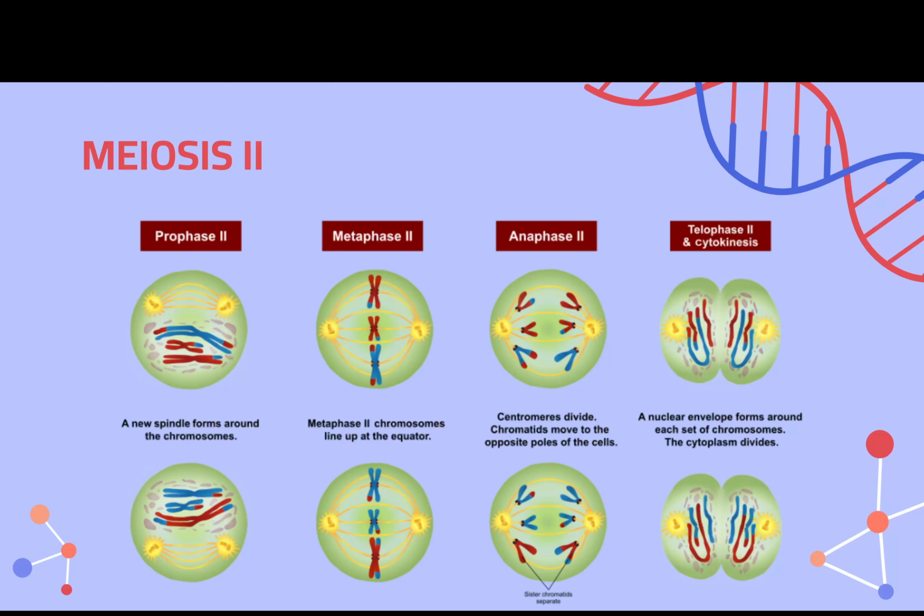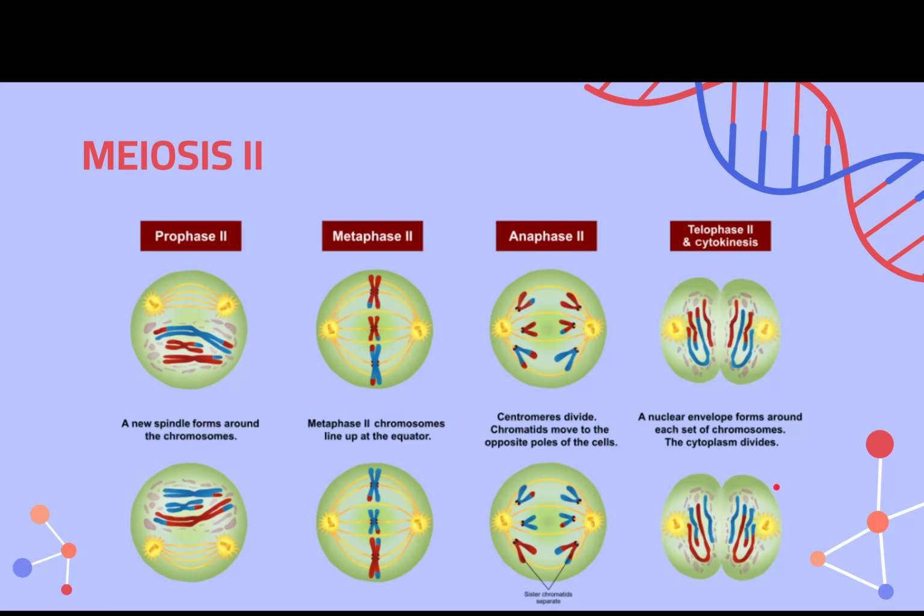And then in telophase 2 and cytokinesis, the nuclear envelope forms around each set of chromosomes, and the chromosomes are only a single sister chromatid. Then the cytoplasm will divide, and now we have 4 haploid cells, since the 1 became 2, and then the 2 divided to become 2 more.